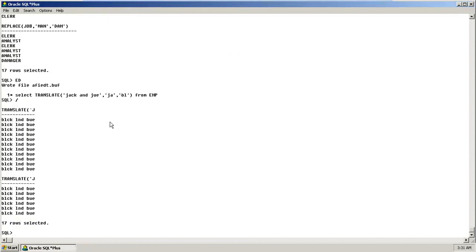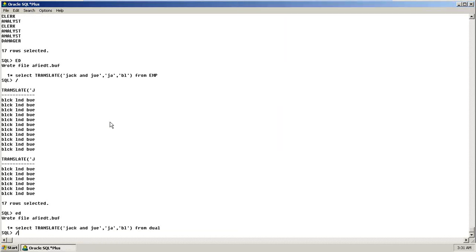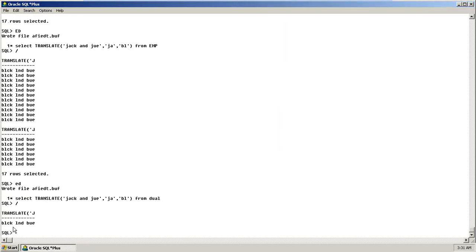See here. So here I am giving a dual. Just observe. JACK becomes BLCK, J replaced with B, A replaced with L, good. Then "and", A and D becomes L and D, so A replaced with L, right?